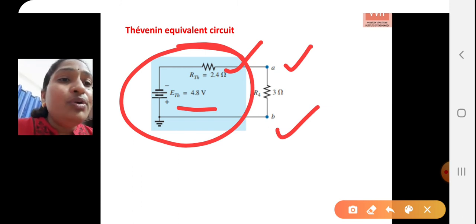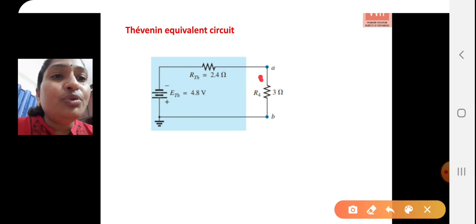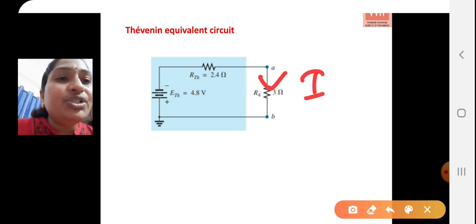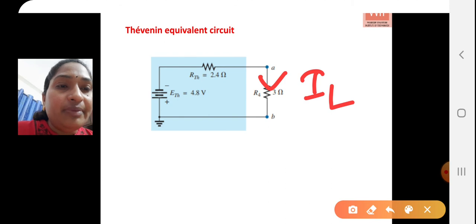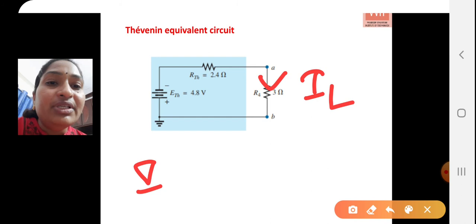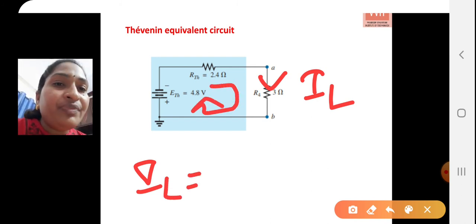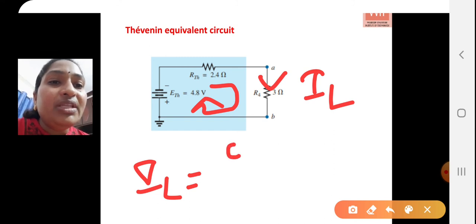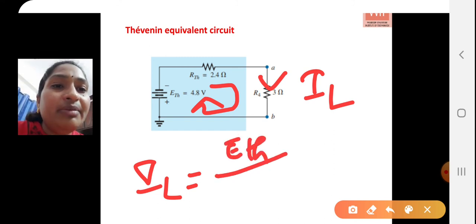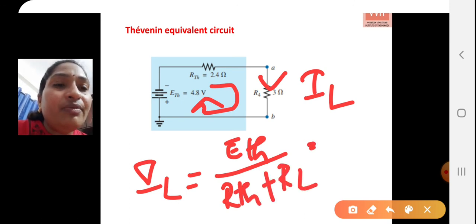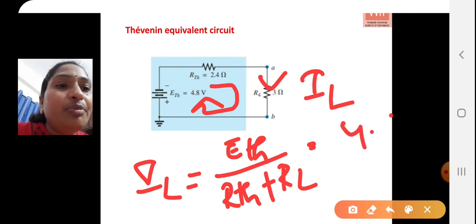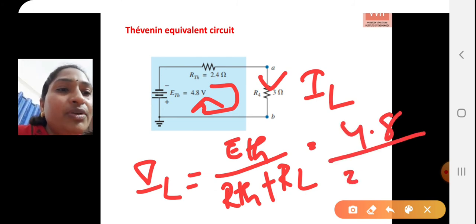Further, if we want to find the current flowing through this load resistance branch using Thevenin's theorem, we have already discussed that it is a simple loop network where the current is E Thevenin divided by R Thevenin plus RL, where E Thevenin value is 4.8 divided by 2.4 plus 3.